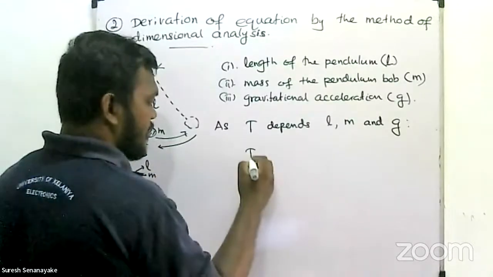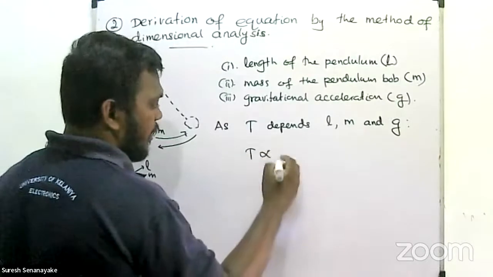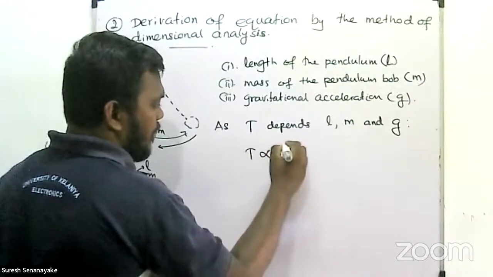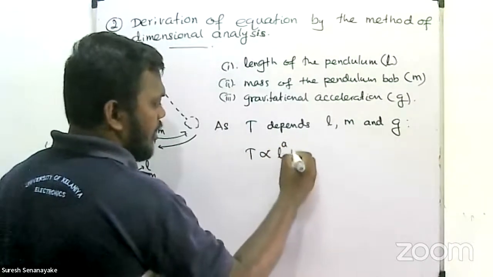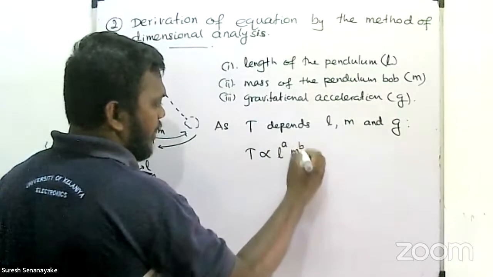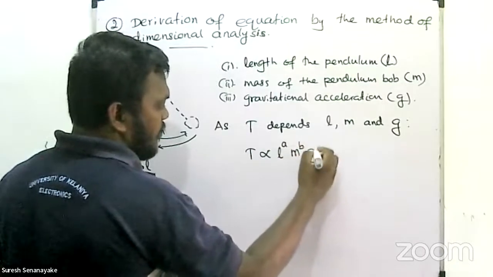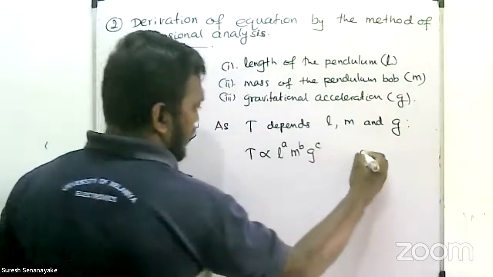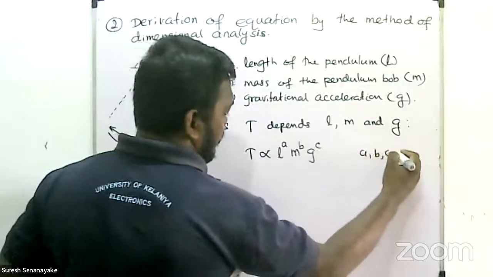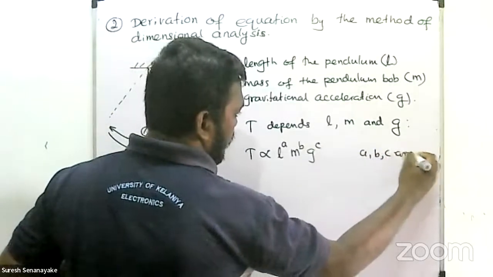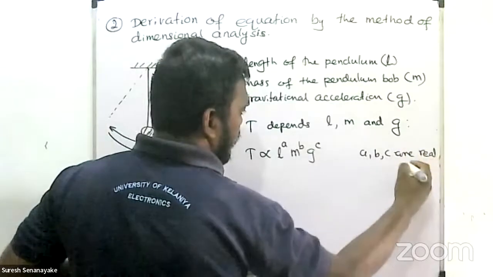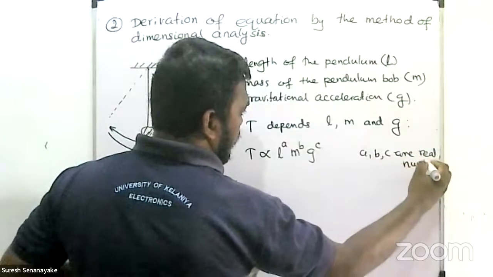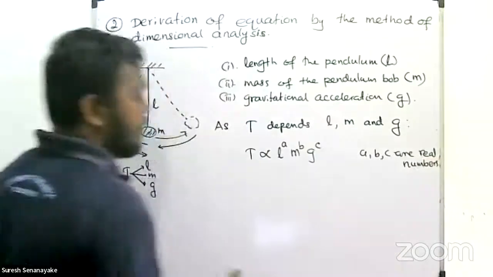You can write this mathematically as T proportional to L to the power A, M to the power B, let's say, G to the power C. So A, B, C are real numbers, real values.